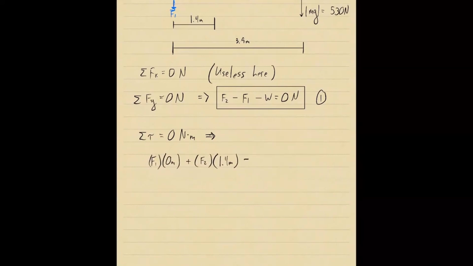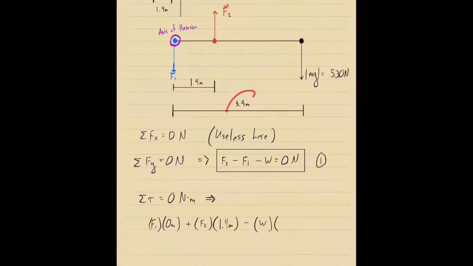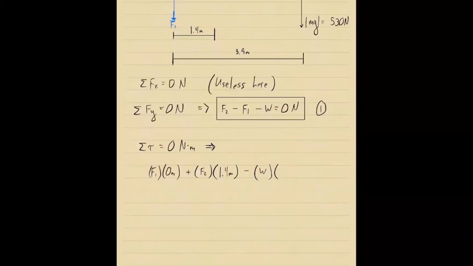So since it's going to be negative, this is going to be minus the weight times the lever arm distance. Lever arm distance is just the distance away from our axis of rotation, which in this case is 3.9 meters. So all this is going to be equal to 0 Newton meters.